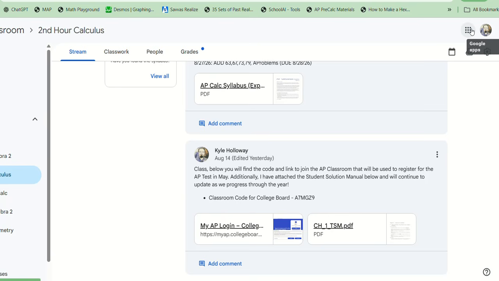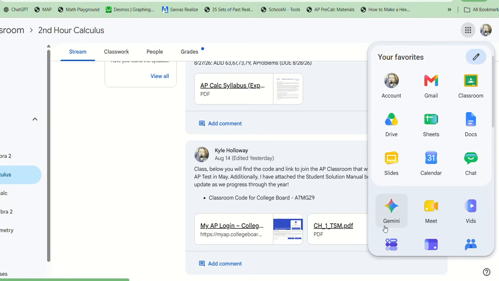Google's free unless you have a big business account. If you click on the waffle, we have the paid version of Gemini. If it's the free version of GPT where you only get so many computes, or you get unlimited Gemini, it's essentially the same thing. You have access to Gemini, just so you know. Cool.